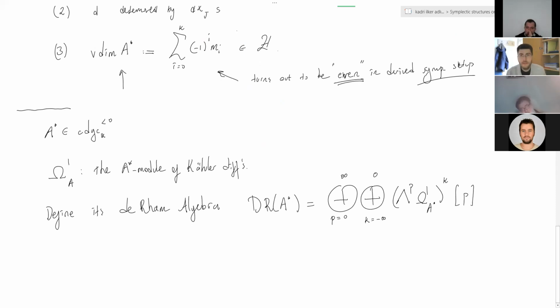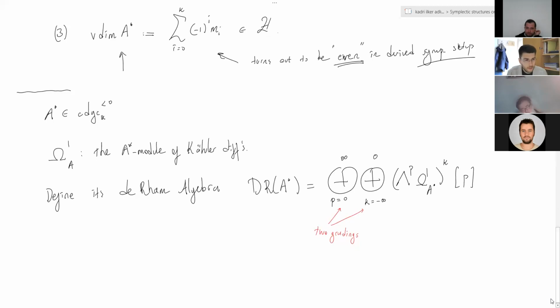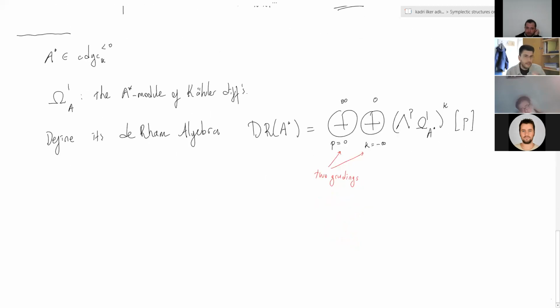But what is important, if you look carefully, is that we have two gradings here. In the usual symplectic geometry, we have a derived algebra, of course, no problem. But in general, we only have one grading. Now we have a kind of double complex.